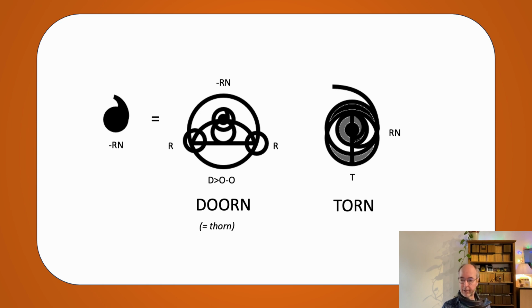And the last, I think this is the last one, we have DOORN and TORN. You have the D here, so the pressure point with the two O's, the environment within, the environment without, which have an interconnection, and at the point of interconnection there is something that becomes physical there.